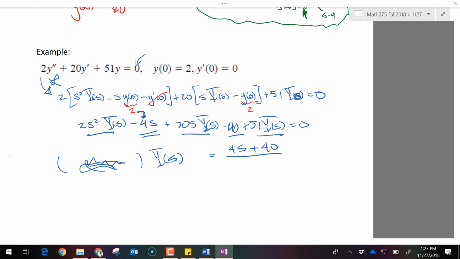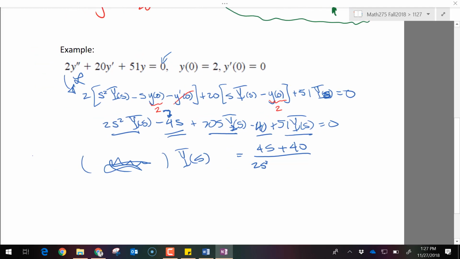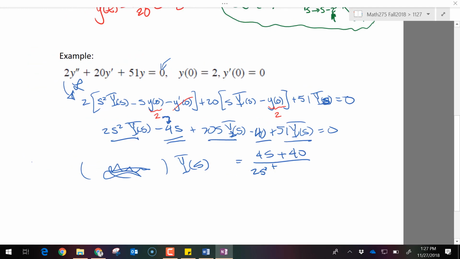All right, where are we at now? So we have 2s squared plus 20s plus 51. All right. Oh boy, what?